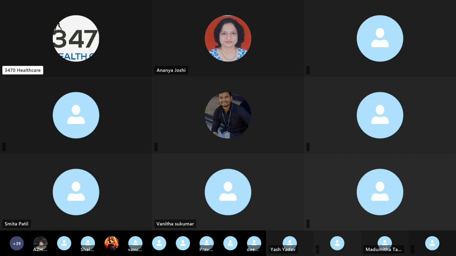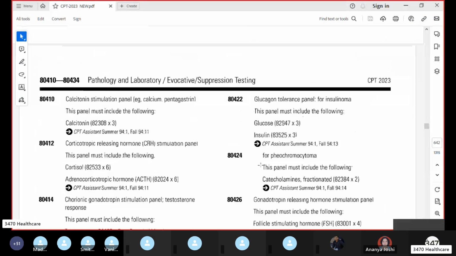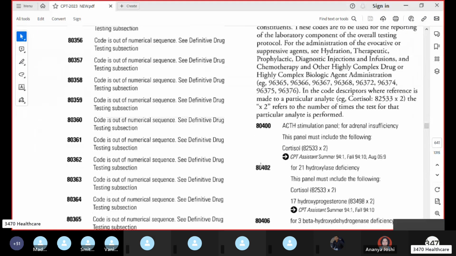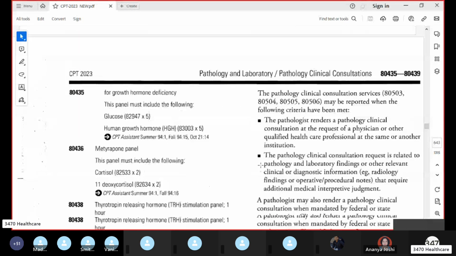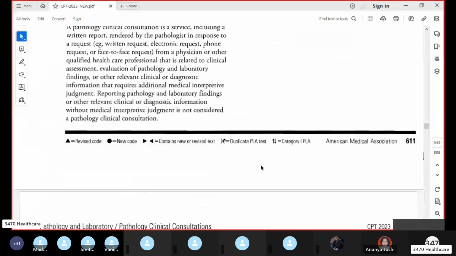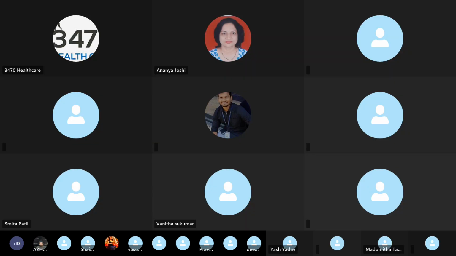You can look at the other panel names on pages 609, 610, 611. These 3 pages you can look at and select the answers.